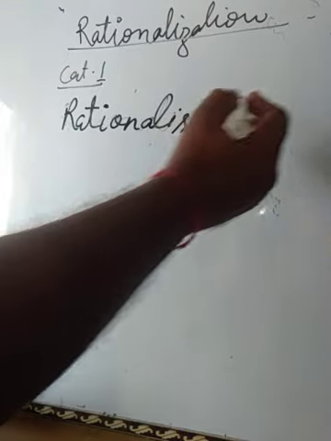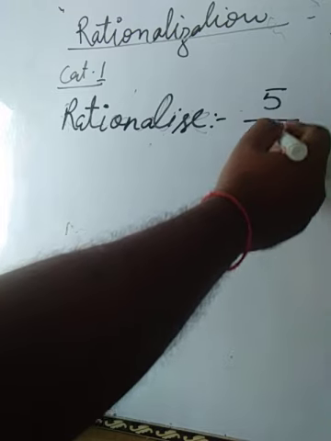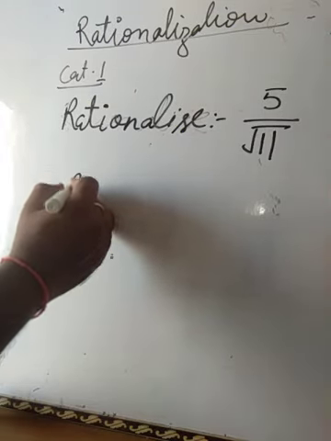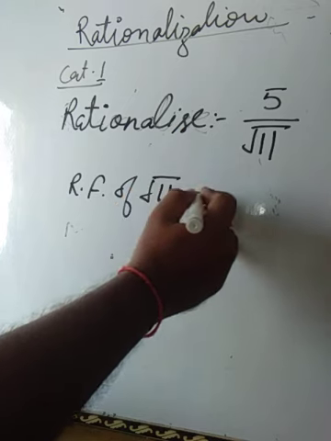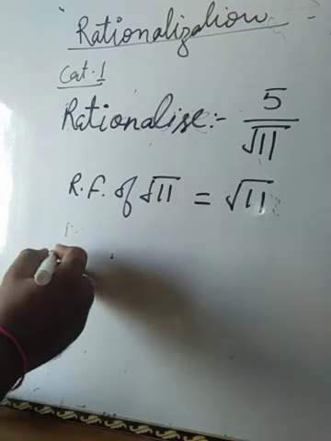If the next question is given as 5 upon root 11, again we have a rational number such that the denominator is an irrational number. So the rationalizing factor, that is RF of root 11, equals root 11.